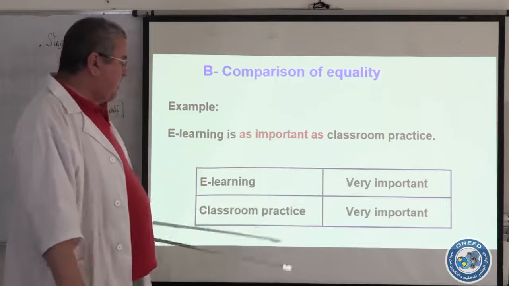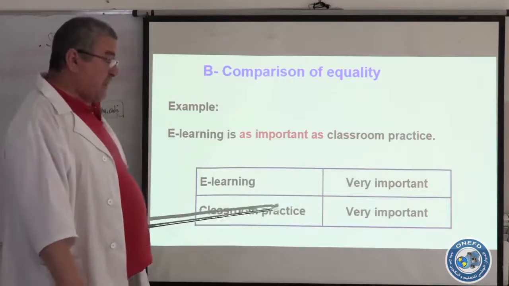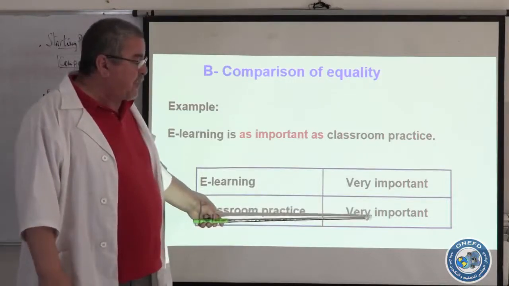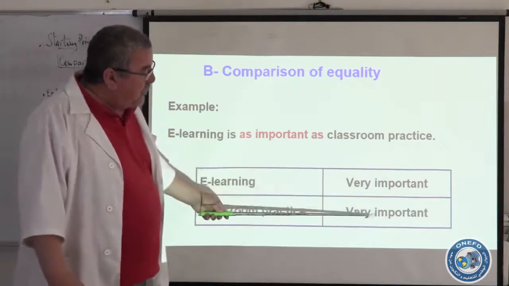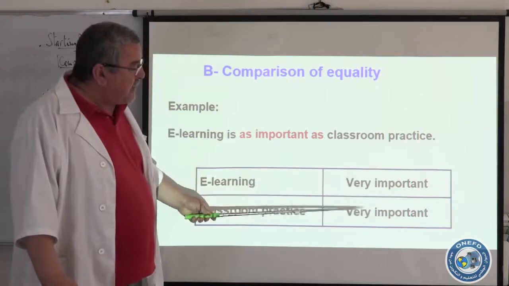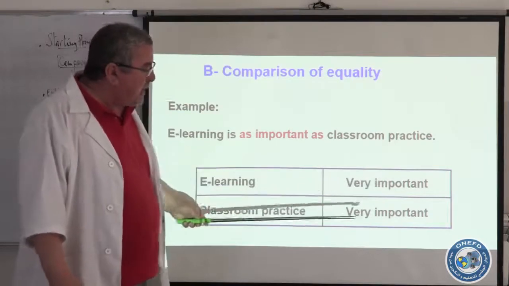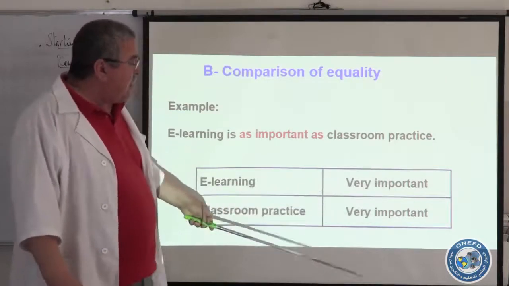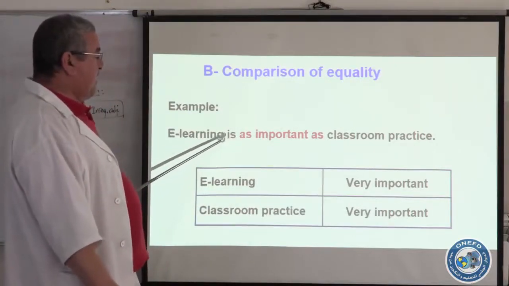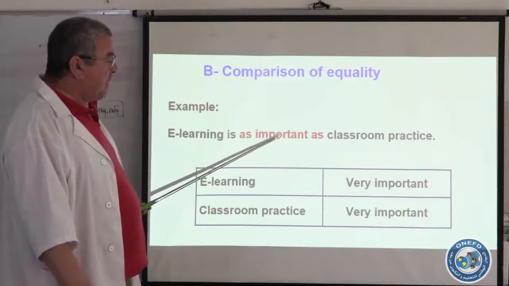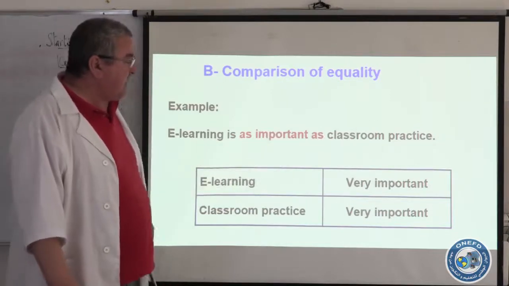We all know this. Classroom practice is also very important. So, if we talk about their importance, it is the same here. Very important, very important. This is why we say that e-learning is as important as classroom practice.